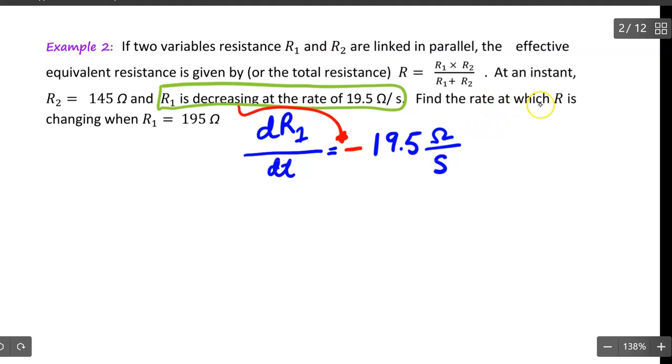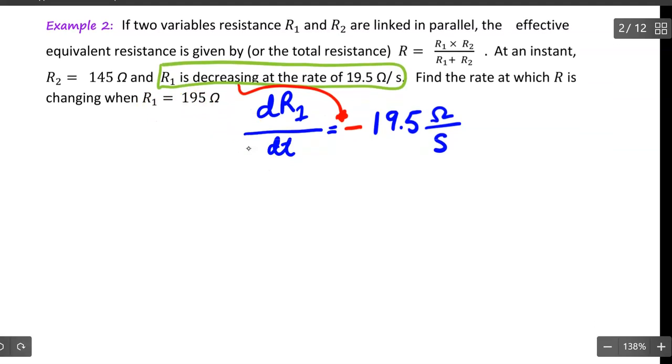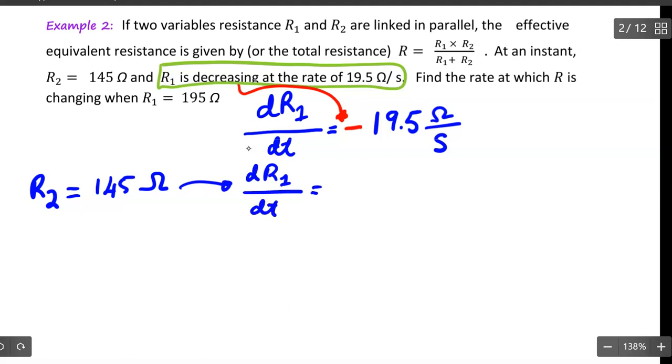So I have R2 at an instant when R2 equal to this value, R1 is decreasing. Find the rate at which R is changing when R1 equal to 195 ohms. So what I'm going to ask you to do is follow the sentence, and what we do is we go like this, okay? At R2 equal to 145 ohms, then I will have dR1 over dt equal to negative 19.5 ohm per second.